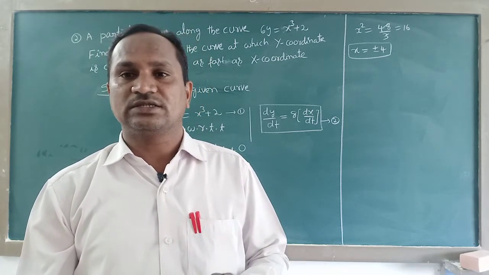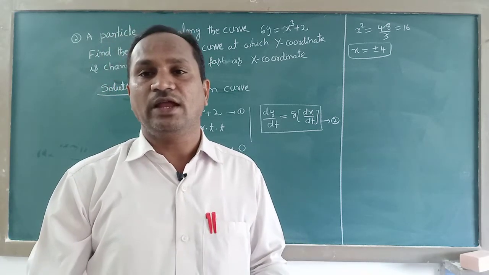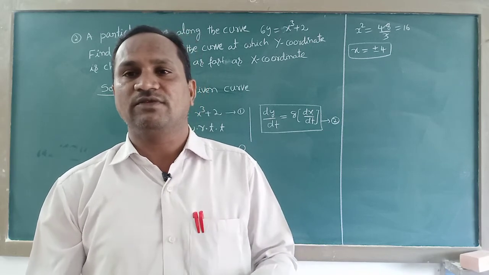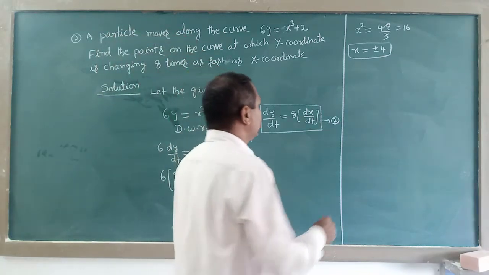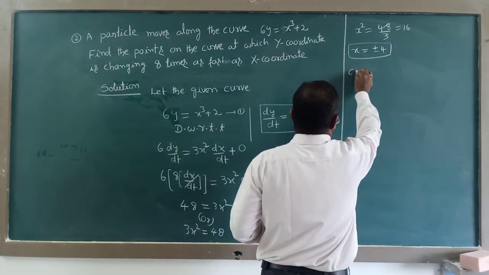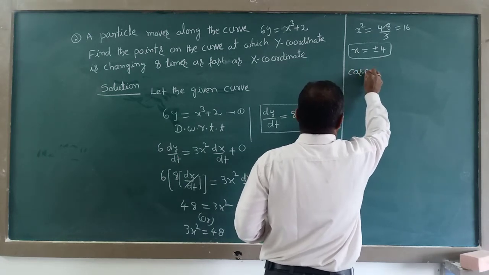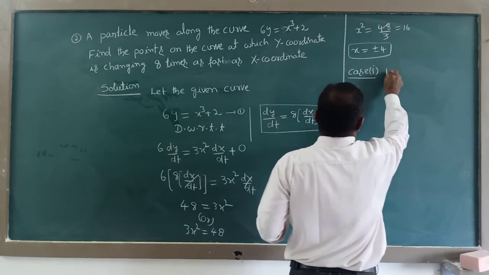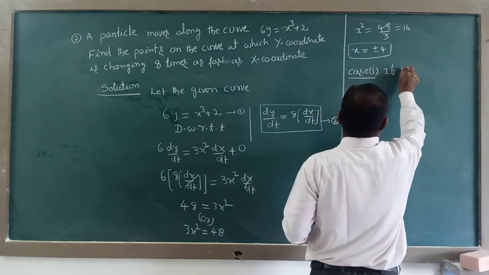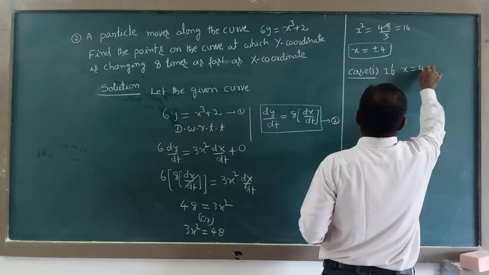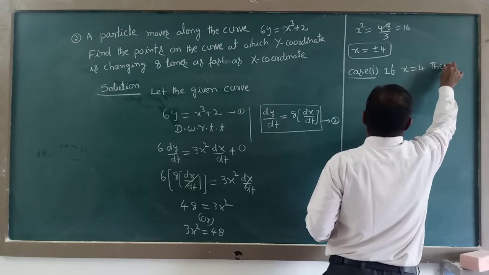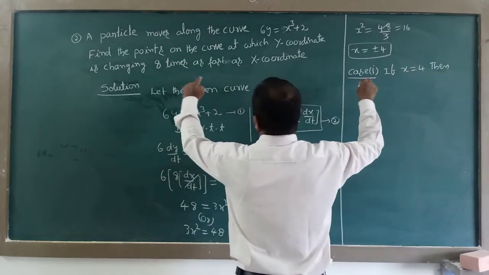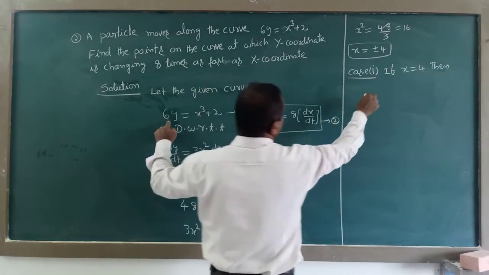In those 2 cases, we are going to check the values of y with the help of the x value here. Case 1 here. If x is equal to 4, then put x is equal to 4 in equation number 1.